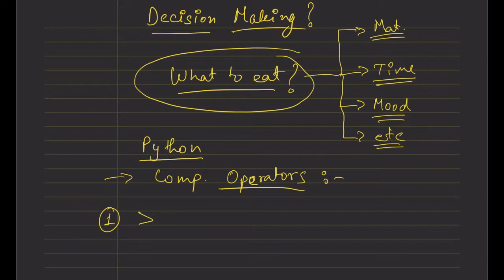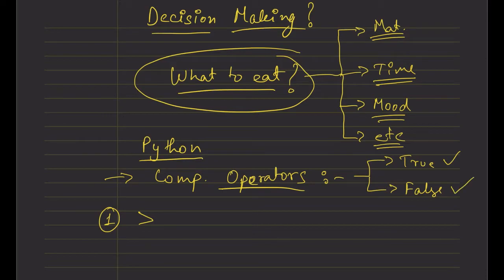Before understanding all the types of comparison operators, let us see what output we get after implementing these operators. Every operator returns two possible values. Either it will return true or it will return false. It returns true if the condition is true, and it returns false if the condition is false.